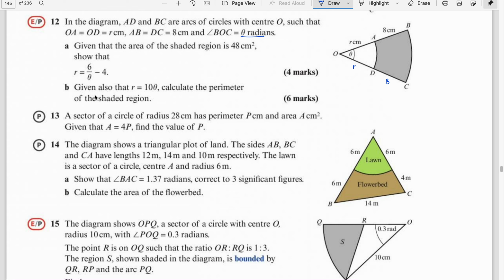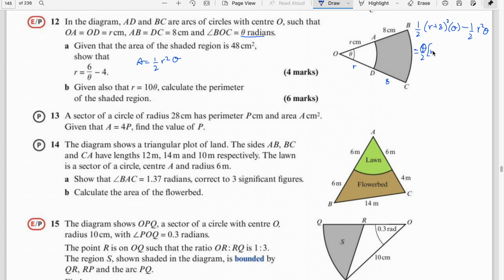So the area of the shaded region is basically the larger sector minus the smaller sector, and the formula is area equals 1 by 2 r squared theta. For the larger one, I'm writing 1 by 2, and the radius is r plus 8, squared, and the angle is theta, minus the area of the smaller, which is 1 by 2 r squared theta itself. Now we expand the formula.